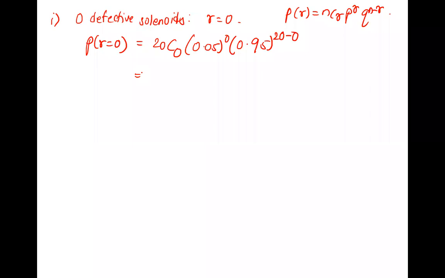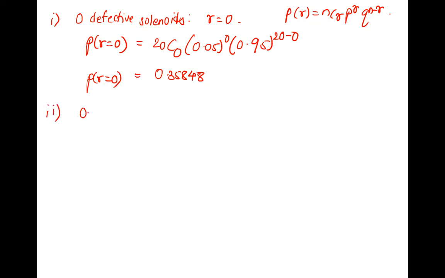Solve it. 0.3584. Correct. One more digit ahead: 8. Good. So this is the probability of getting 0 defective solenoids.